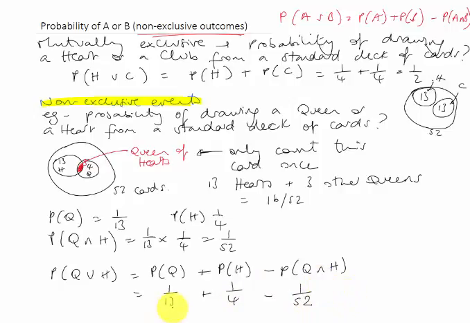That's 4 out of 52 plus 13 out of 52 minus 1 out of 52, which gives us 16 out of 52, which is the same as we worked out up here. So you add up the individual probabilities and then you subtract the probability of both happening at the same time.